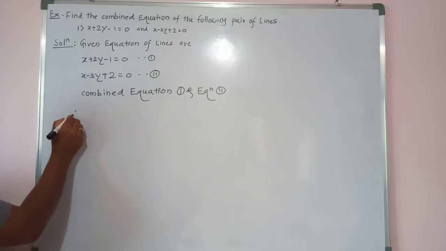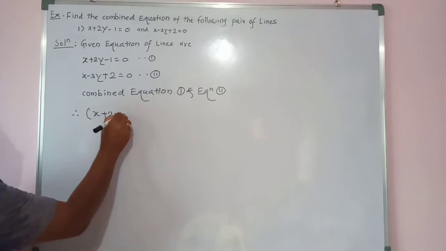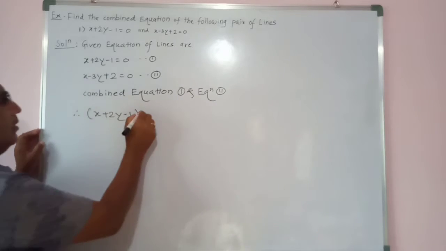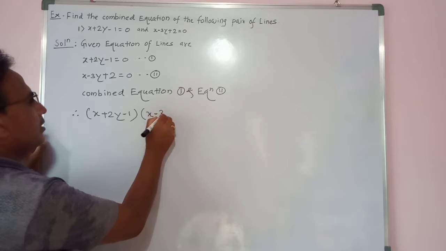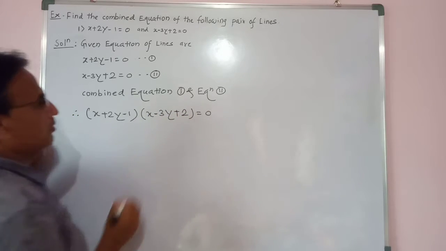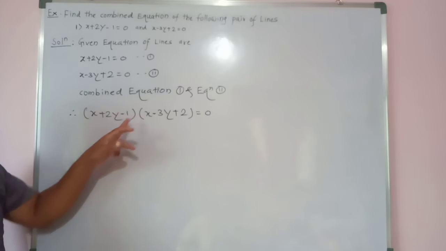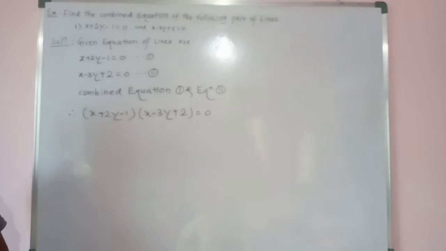Therefore, x plus 2y minus 1 into x minus 3y plus 2 equal to 0. First equation is x plus 2y minus 1 and second is x minus 3y plus 2 equal to 0.